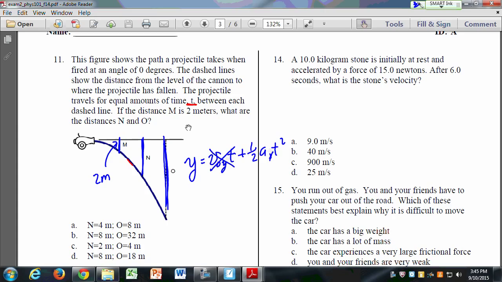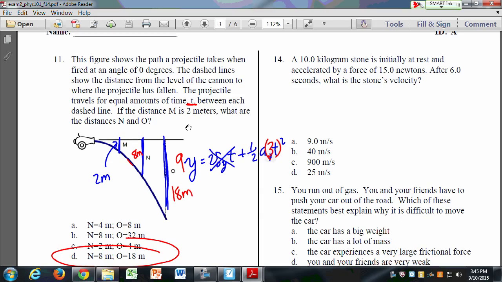If I triple my time here, that means I get a factor of 9 over here. It was 2 meters, so now it's 18 meters. So the right answer then is D. 8 meters. I have 2 meters here, 8 meters here. It's 2 squared more. And here I have 18 meters. It's 3 squared more.